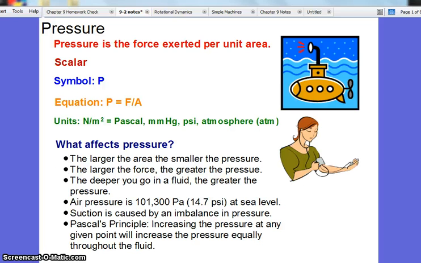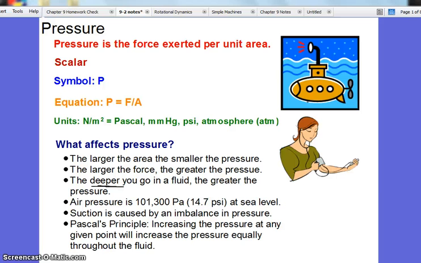The next thing that affects pressure is how deep you are in the fluid. The deeper you go in a fluid, the larger the pressure. And so this is why when we scuba dive, you've got to be careful because the pressure on your body increases. This will actually allow more nitrogen to dissolve in your blood.